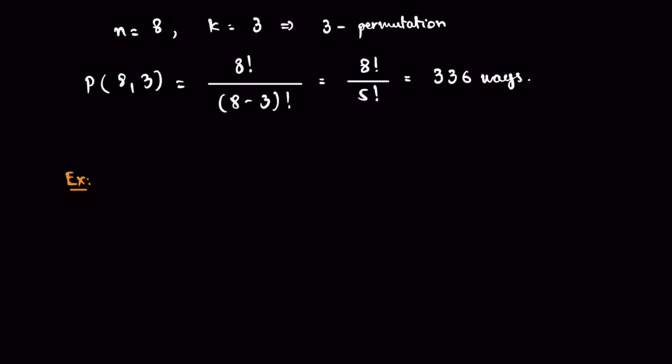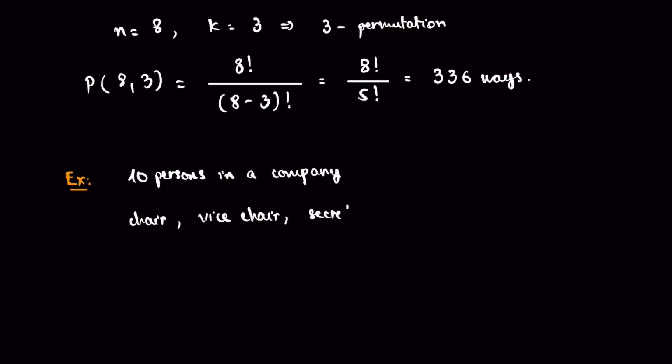Another practical assumption is that all of these 10 persons are going to have similar qualities for the choices that we're going to make. So 10 persons in the company, and we're going to choose a chair, a vice chair, a secretary, and a treasurer.